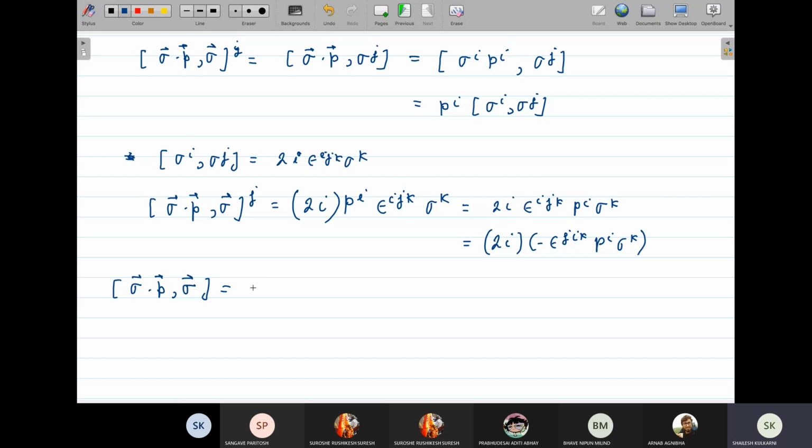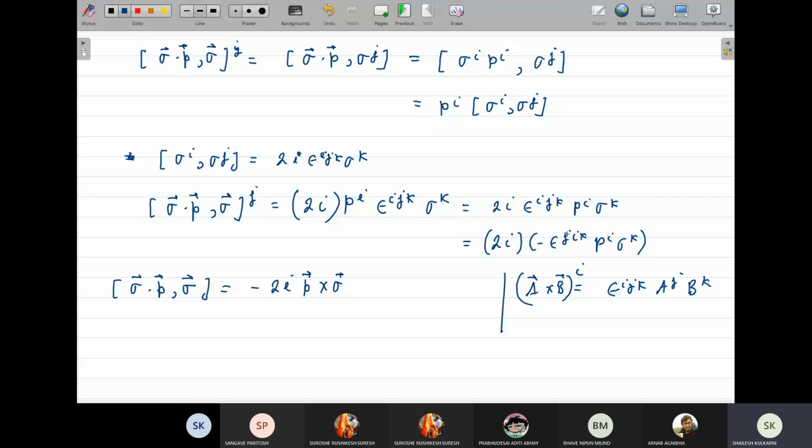So this will be minus 2i p cross sigma, where I used a cross b, whose ith component is epsilon ijk. The jth component of this is turning out to be epsilon jik pi sigma k.